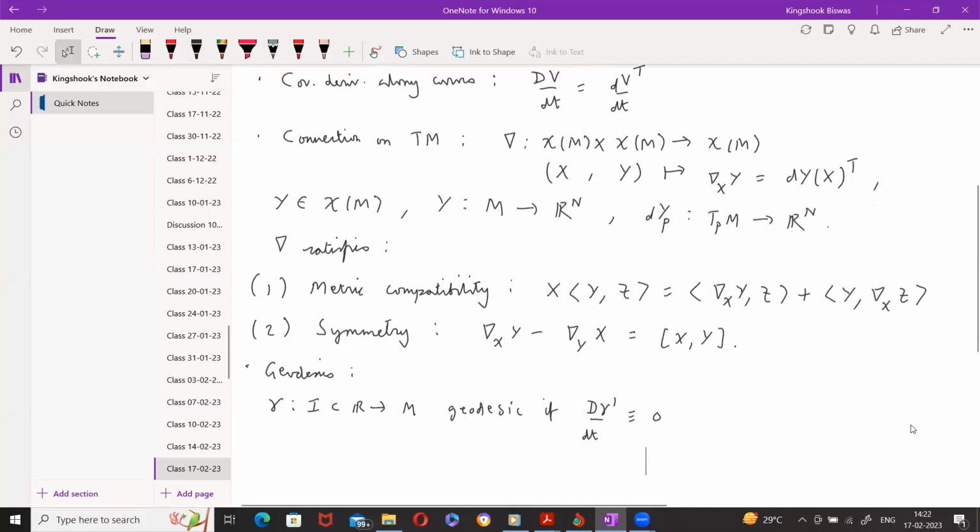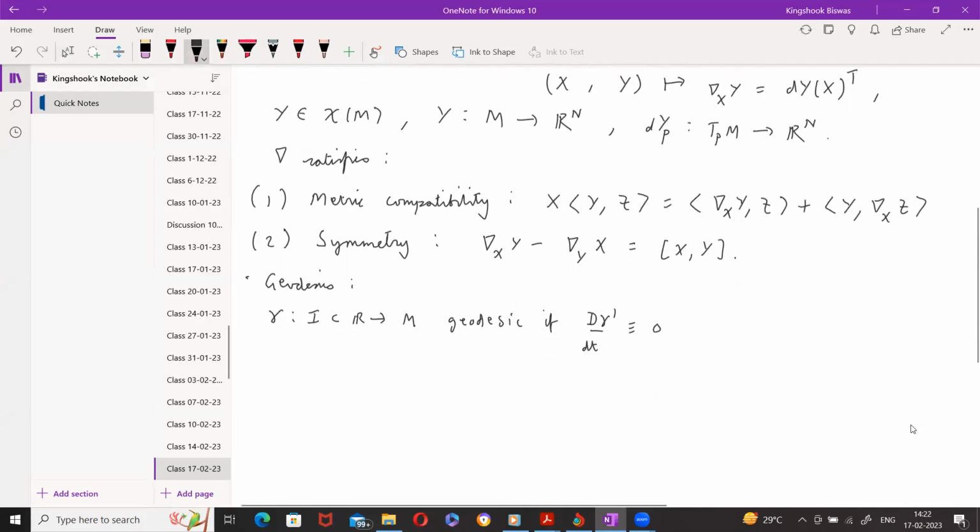So let's notice that first of all, any geodesic will have constant speed, because if I look at the derivative of norm gamma prime squared, then this is d/dt of the inner product of gamma prime with itself, and by the metric compatibility, this will become twice the inner product of the covariant derivative of gamma prime with gamma prime, and this is 0, right?